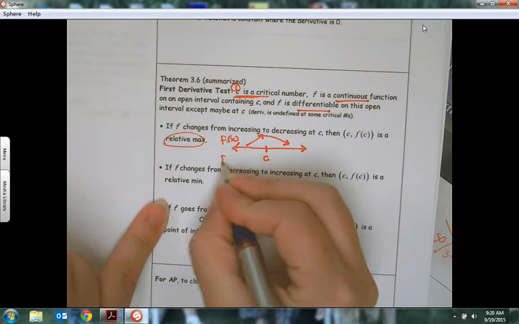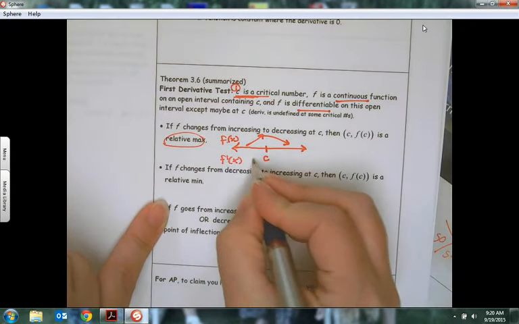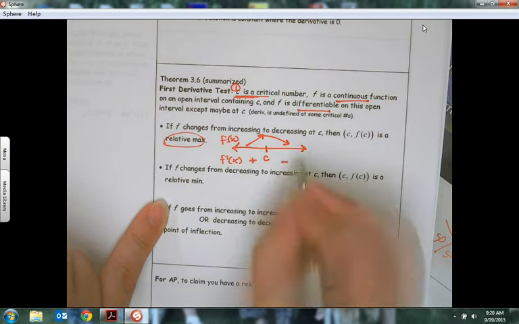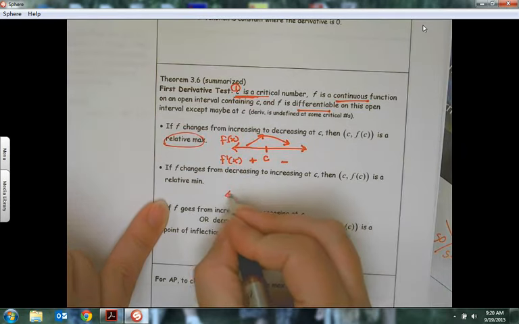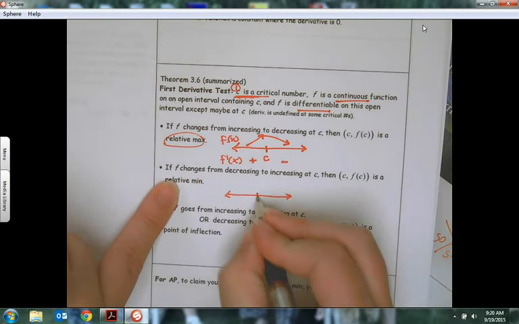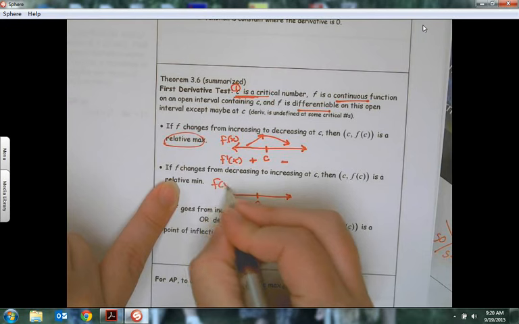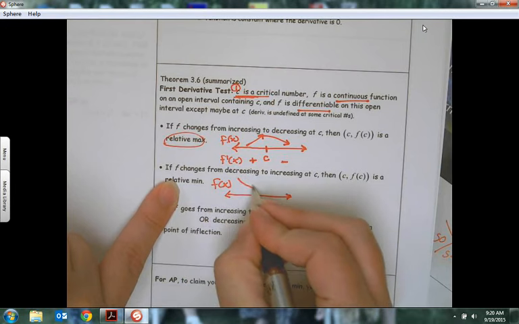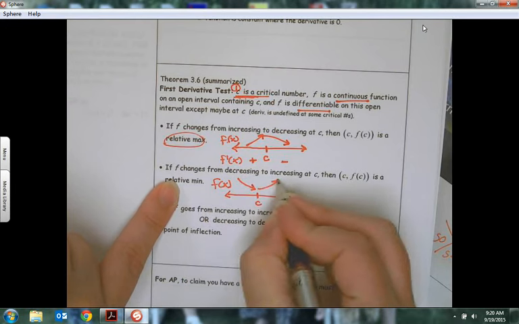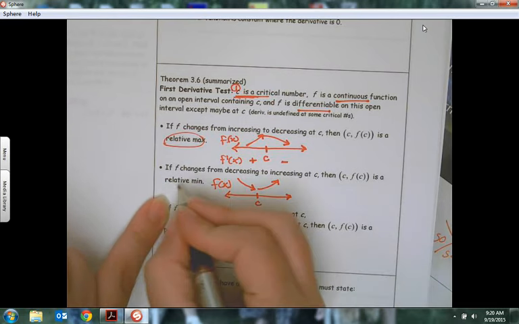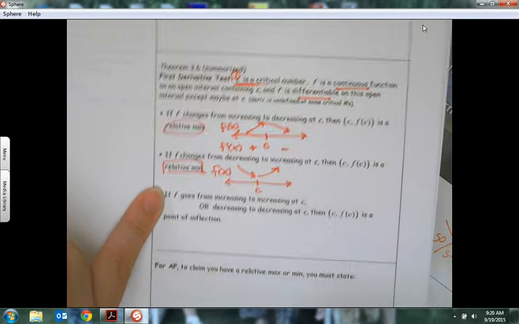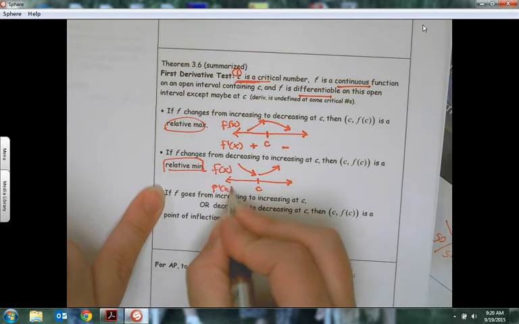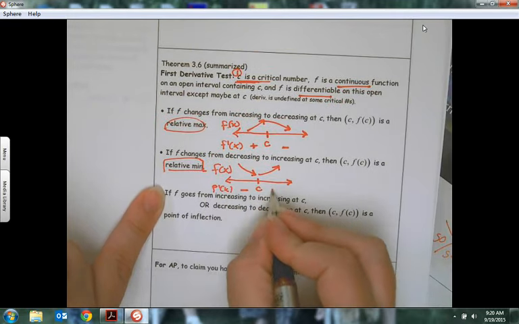I also know that f prime of x would go from positive to negative there. And here, if I have some critical number, and f of x is going from decreasing to increasing, then that value is going to be a relative min. And I also know that f prime of x must have gone from negative to positive.